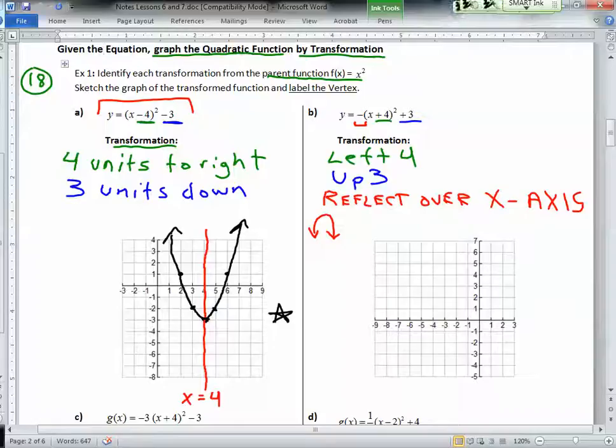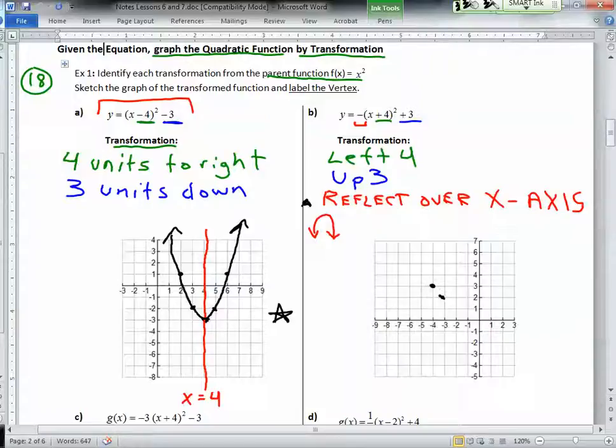So I'm going to start by plotting my vertex. Start here at the origin, but I need to shift left 4 and up 3. So there's my new vertex. I look for my reflection next. In this case, I know that it is reflected, so I know I'm going to be coming down for my next points. I look for my stretch or compression. I don't have any stretch or compression this time, so it's going to follow that same pattern. From my vertex, I'm going to go right 1 and now down 1.